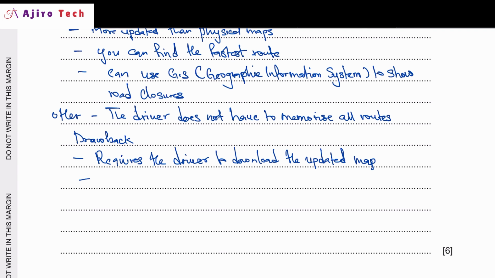Sometimes there could be a glitch in the system. This is not out of point, but you can lose the satellite signal in certain areas.